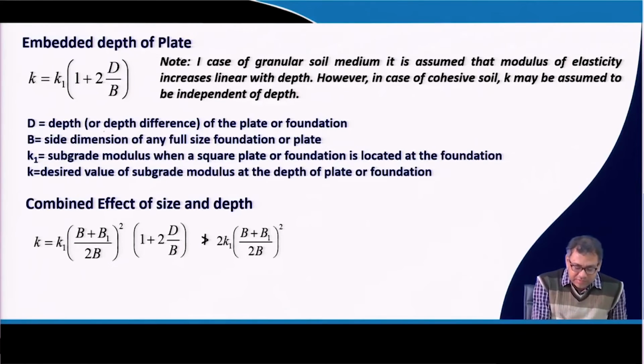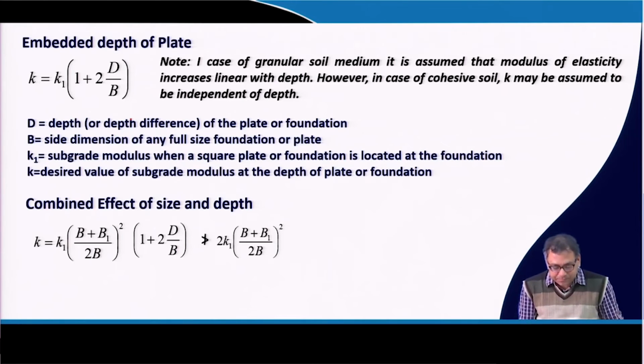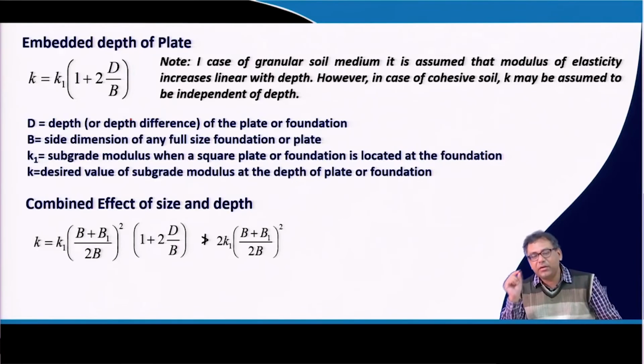So, how we will use this conversion, and D is the depth of the foundation, B is the width of the foundation. So, again, suppose now there are 3 cases. Now, you have done a plate load test with a 30 centimeter plate, and the plate is resting on the surface. And you now want to determine the subgrade modulus for a 1 by 2 meter foundation, which is resting at a depth of 1 meter.